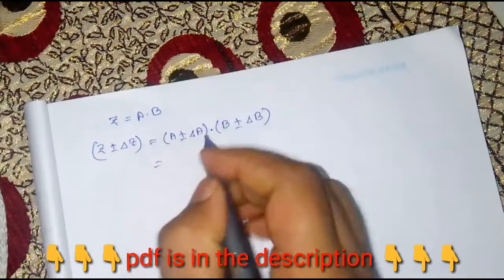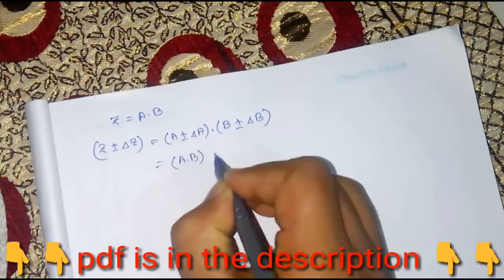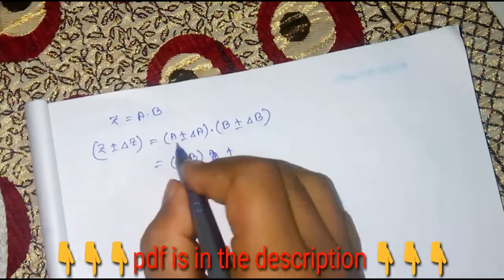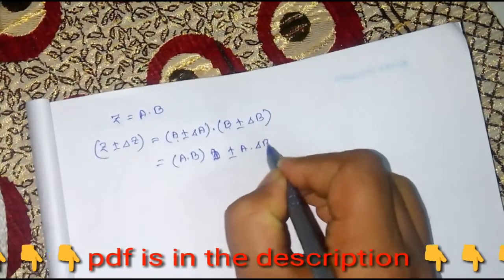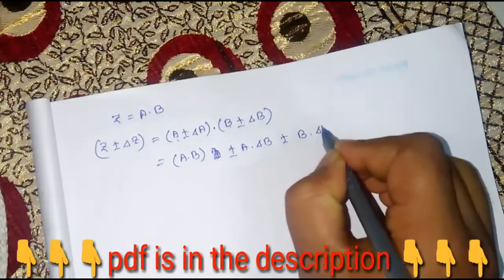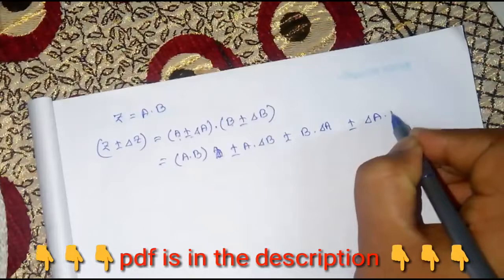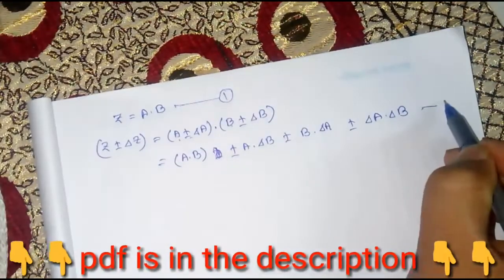So multiply these, so it gets ab and plus minus a dot delta b plus minus b dot delta a and plus minus delta a dot delta b. Suppose this is equation 1 and it is equation 2.